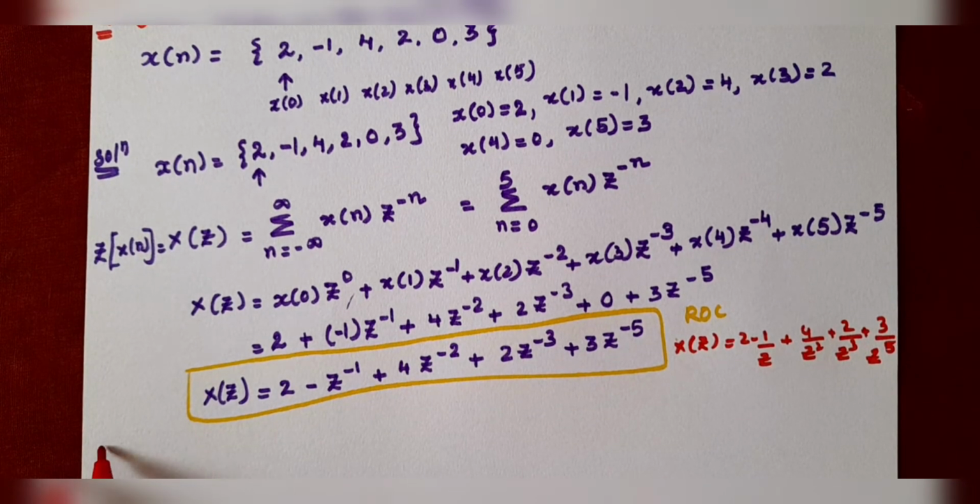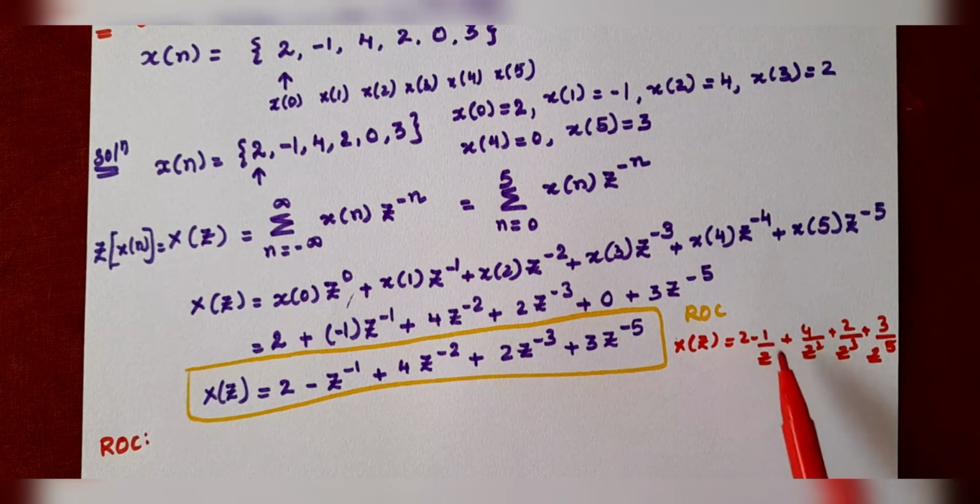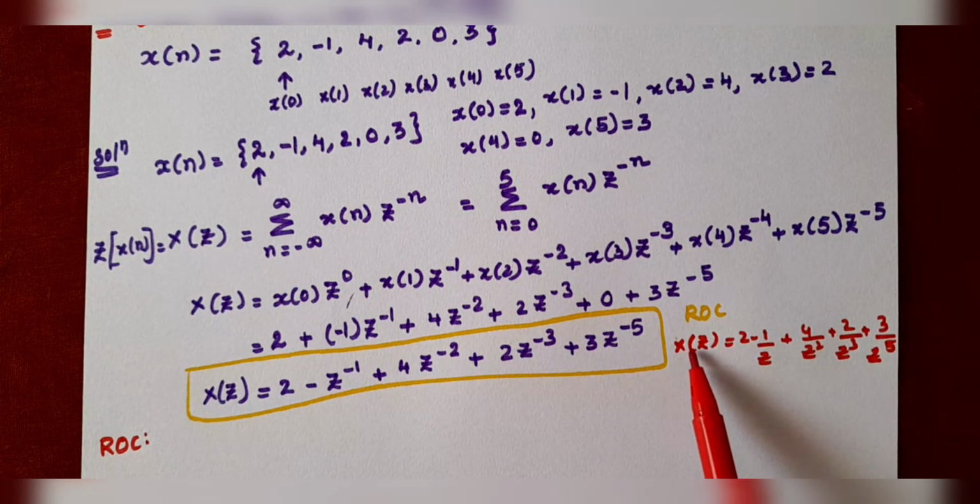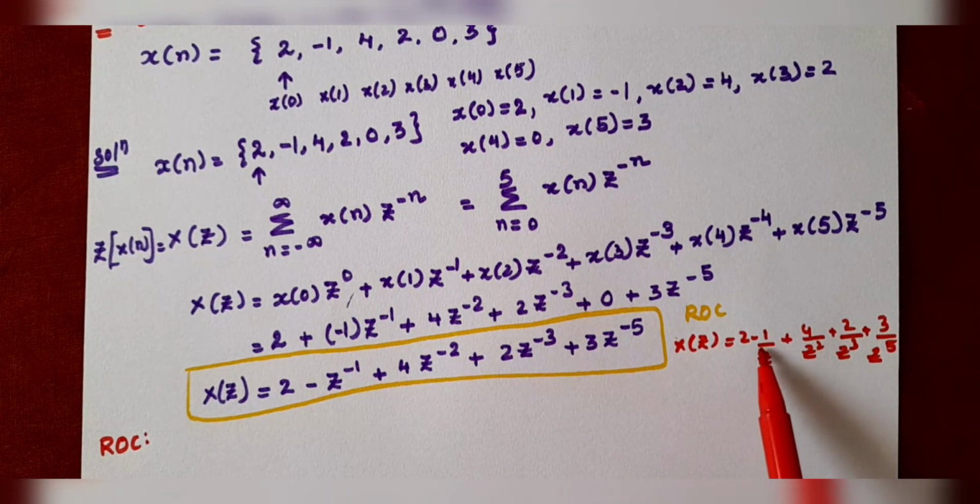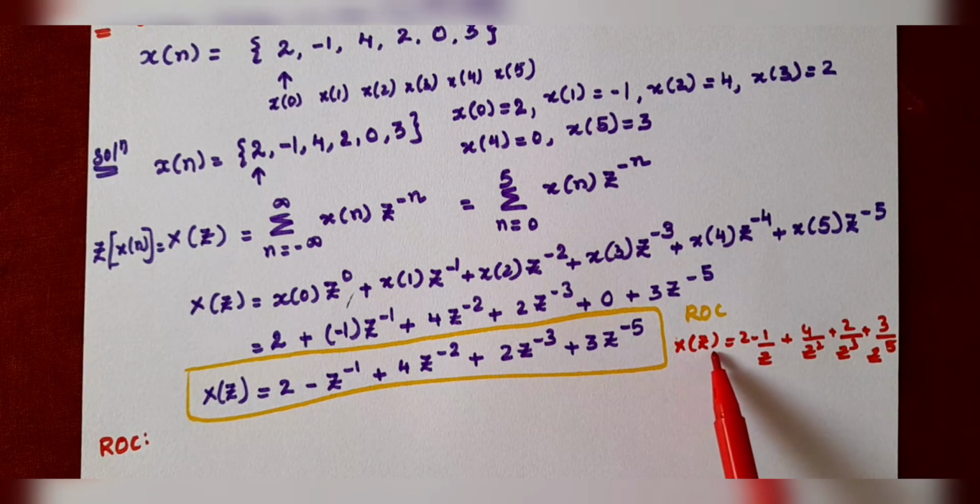So what will be ROC now? What is the definition of ROC? The values of z for which x of z converges. The values of z for which x of z is finite.